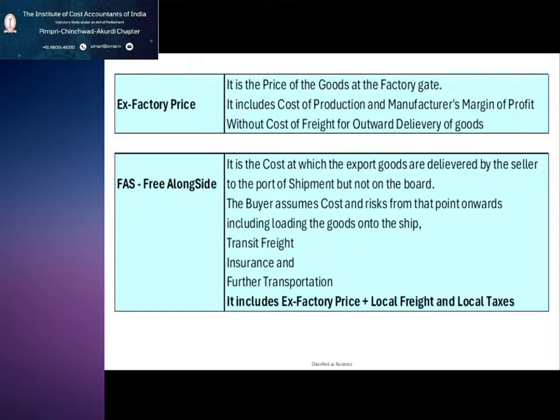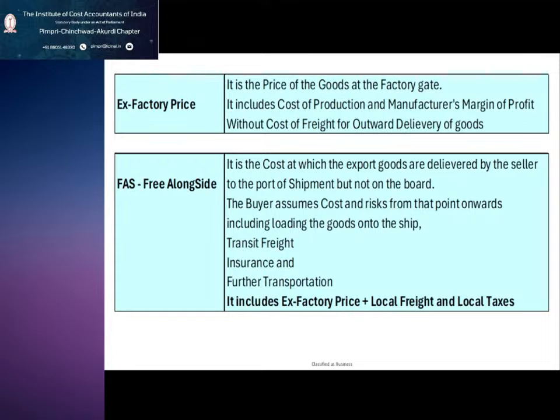So my another subsidiary company is, say for example, in the US. Then what is their risk, when does their liability start? The buyer assumes the cost and the risk from the point, from which point?